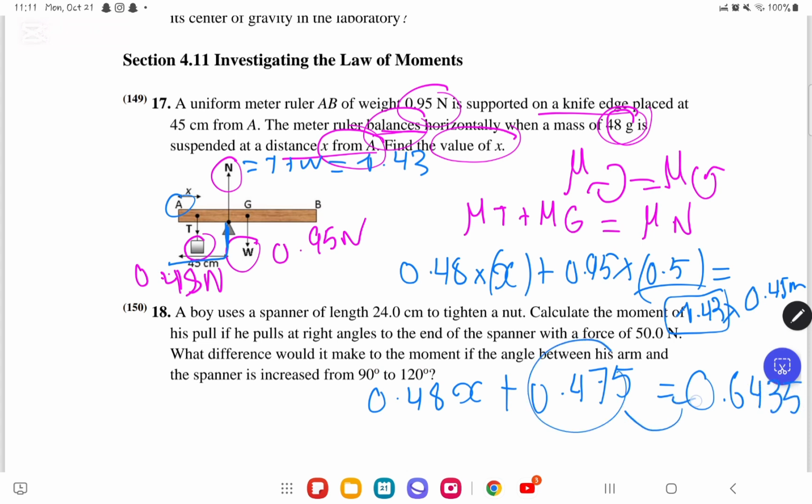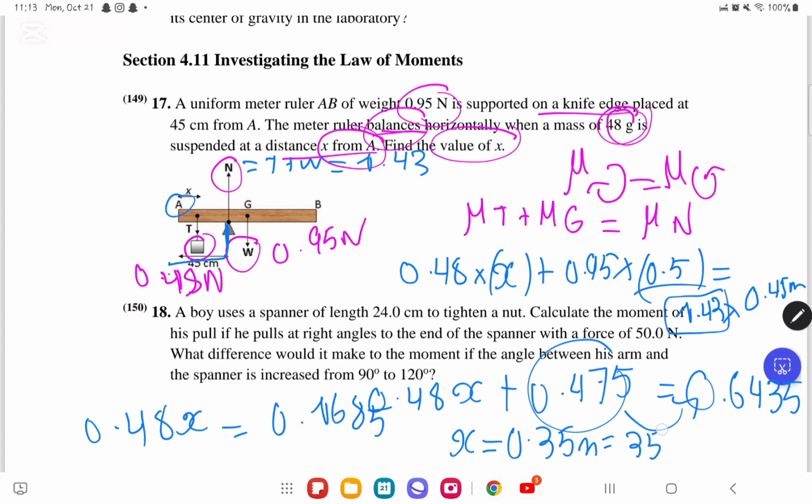Move this to the other side, then we subtract, and we get that 0.48x is equal to 0.1685. Then we divide both sides, and we get that x is equal to 0.35 meters, which is 35 centimeters.